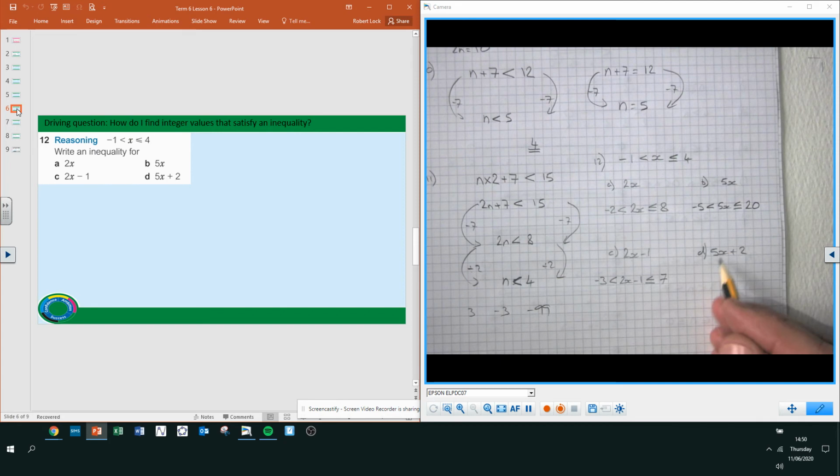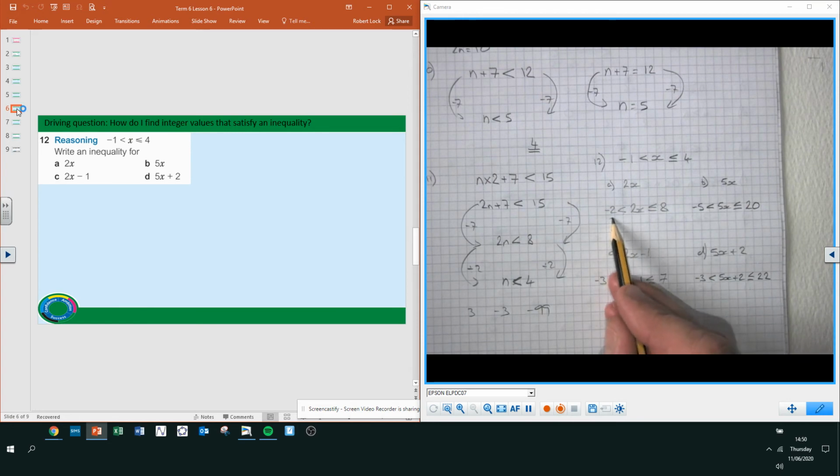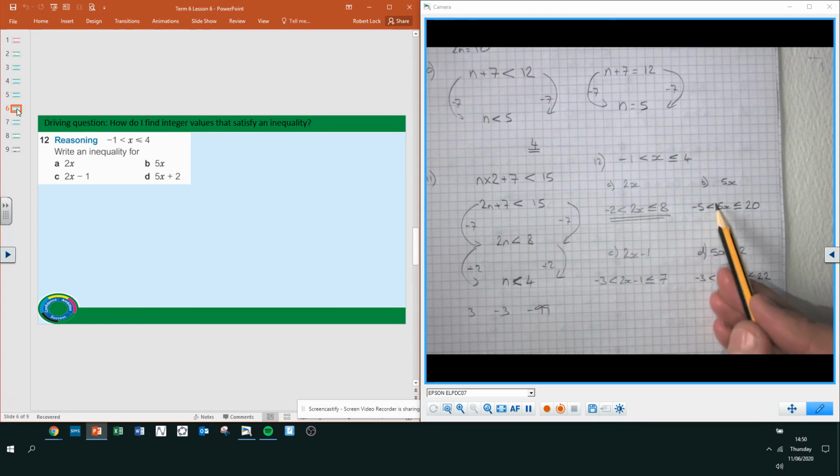D will be minus 5 plus 2, which is minus 3, and 20 plus 2 is 22. There are the answers: B, C, and D.